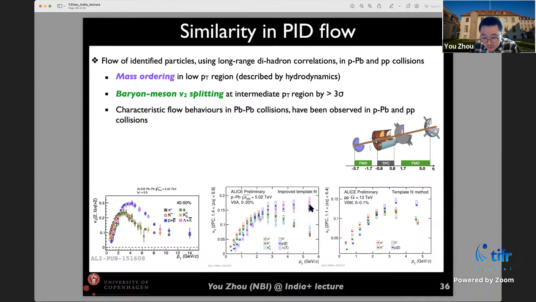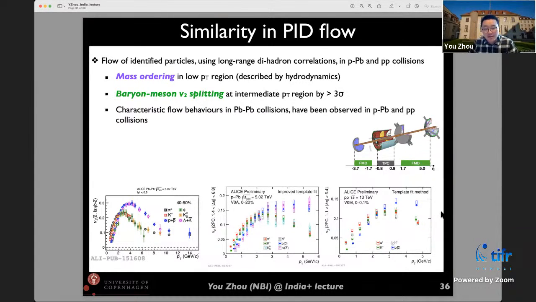One is the baryon group, where the v2 of proton and lambda are compatible, and they are significantly higher than the v2 of the meson band of pion, K0 and charged K. And similar results have been seen in proton-proton collisions. There's a mass dependence at low pT, while if you go to pT above 3 GeV, the proton v2 is significantly higher than the K and pion v2.